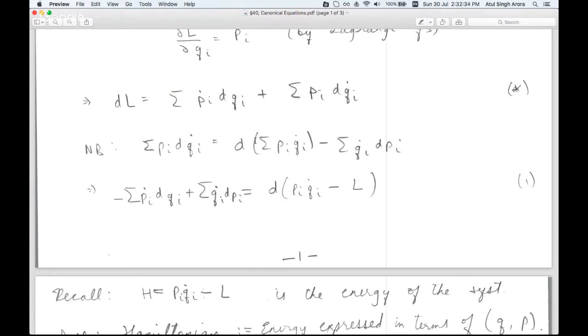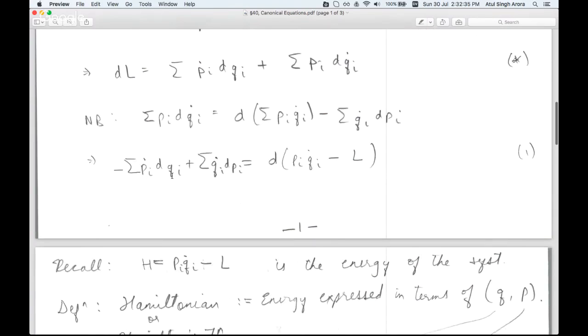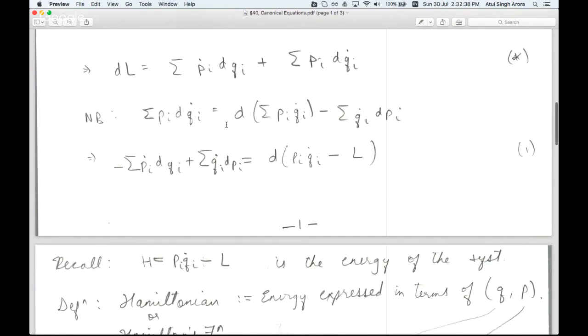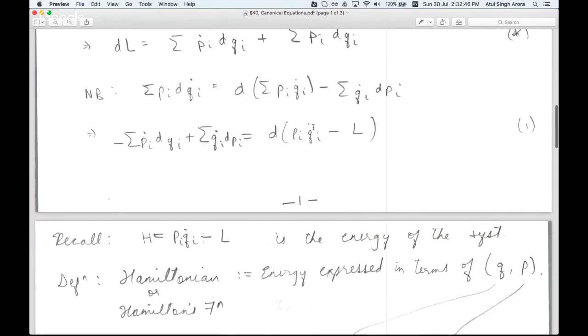In this case, we're subtracting L from pi q̇i, and whatever's left goes on the other side.